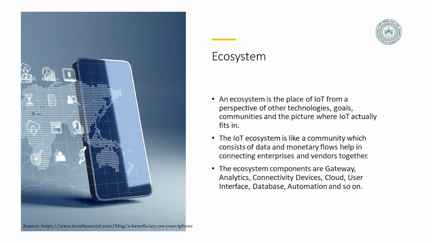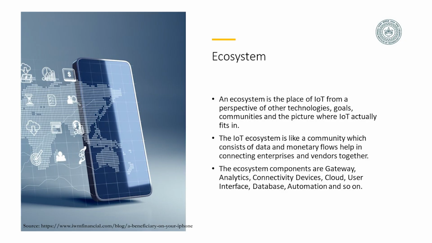So, the components of the IoT ecosystem are the gateway which is used, analytics, the connectivity devices, the devices which are using, the cloud, the user interface, your databases, automation, and so on and so forth. So, all of these are part of this IoT ecosystem.